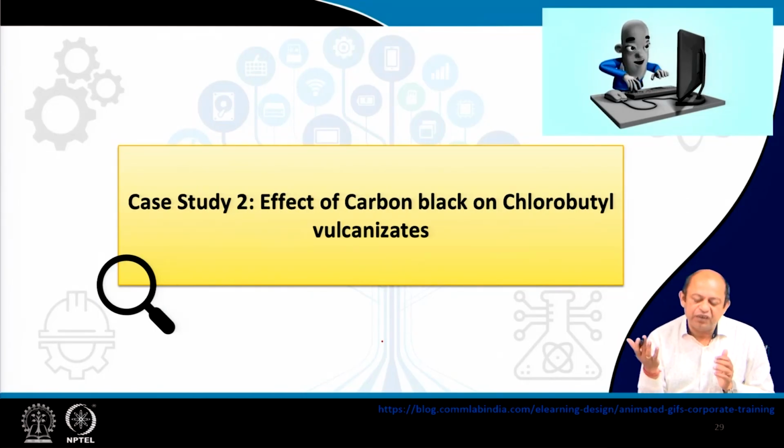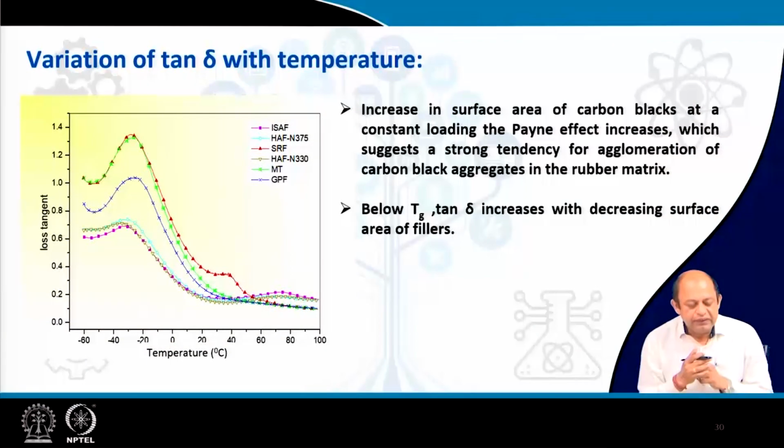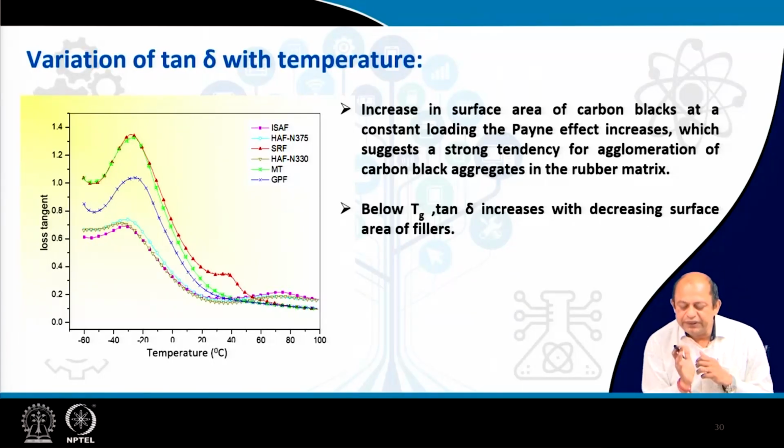So, again carbon black, which is a classical filler, in the same chlorobutyl system. Here also you can see the loss tangent is monitored as a function of temperature. Below Tg, tan delta increases with decreasing surface area. Here the study is being done with different particle sizes: ISAF, HAF, SRF, which has two types, one high structure, another low structure, and MT and GPF, which are much larger in size.